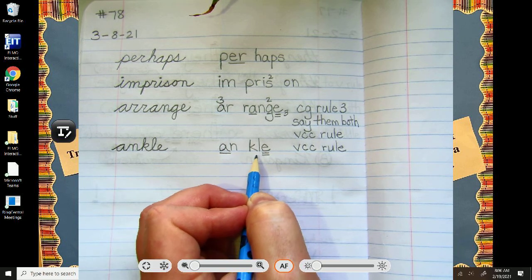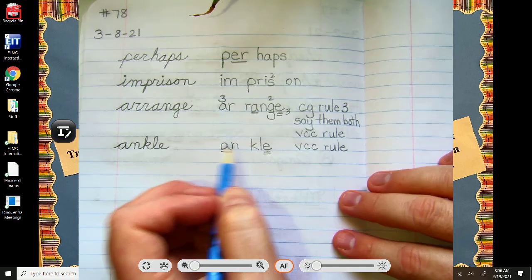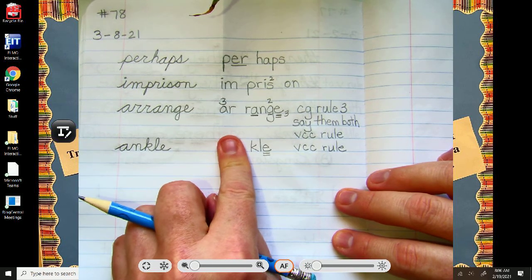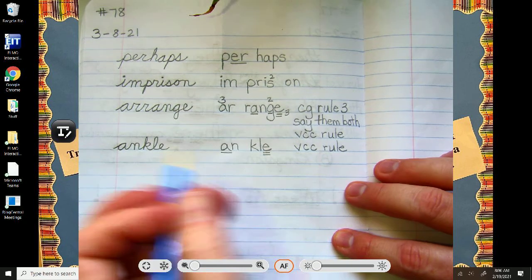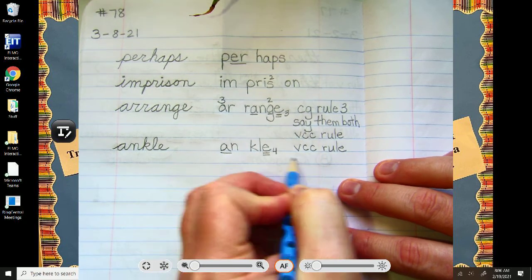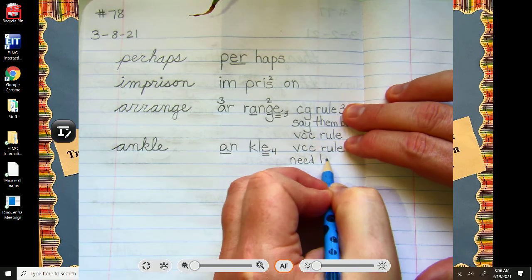Now it might be really easy to say it's no job e. But scholars, if you look at just this syllable, if that e wasn't there, would this syllable have a vowel? No, it would not. So this is need one more, Rule 4.